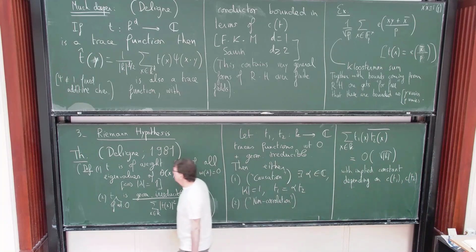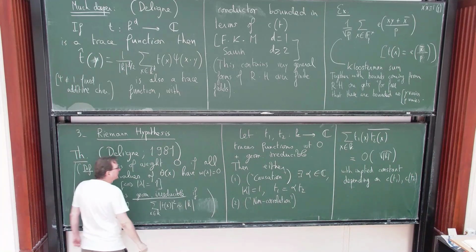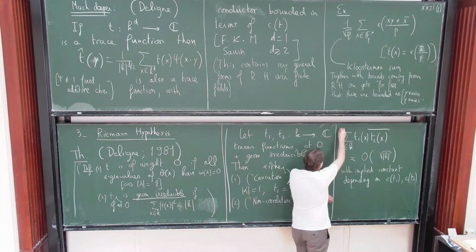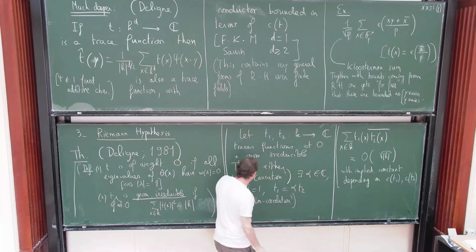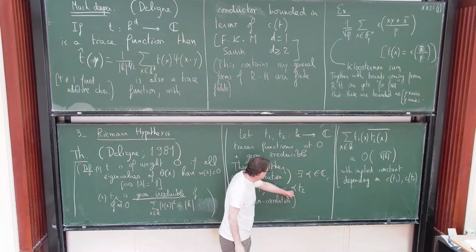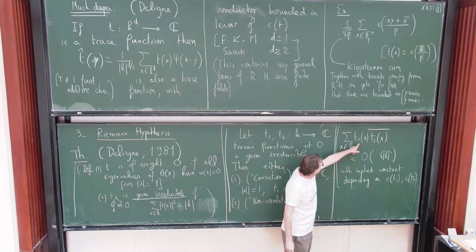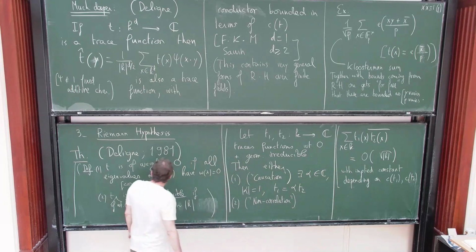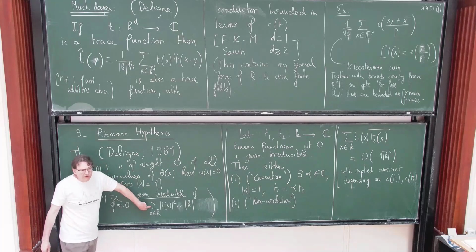Okay, so as I said, from the harmonic analysis point of view, this is a kind of statement saying that of course, when T1 is alpha times T2, this is just going to be the sum of the modulus of T1 squared times alpha. Geometrically reducible tells you it's exactly of size k.